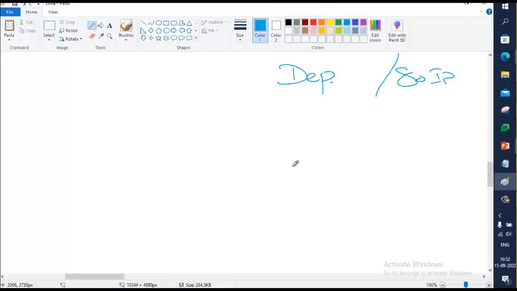Per department, we need 80 IP addresses. This may be one way of asking a subnetting question. For example, this is the network, and you need to find the subnets.